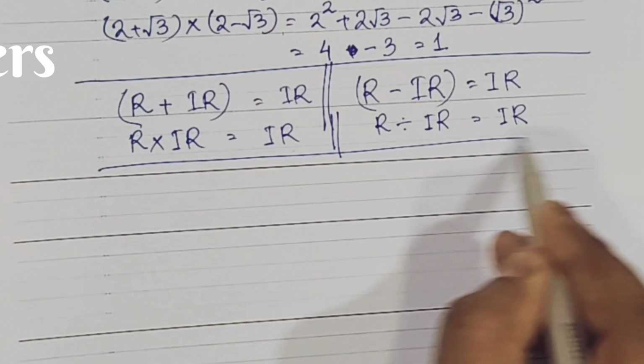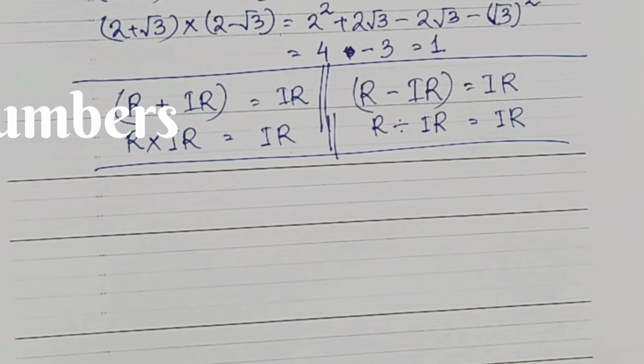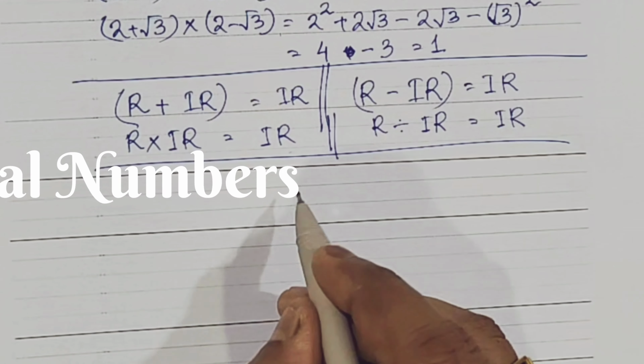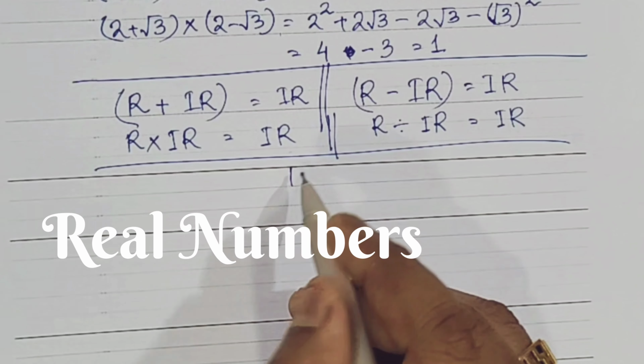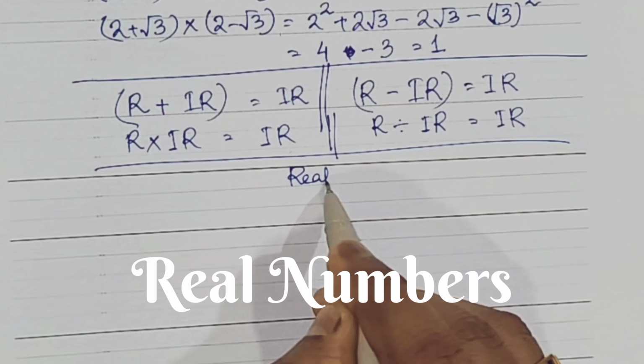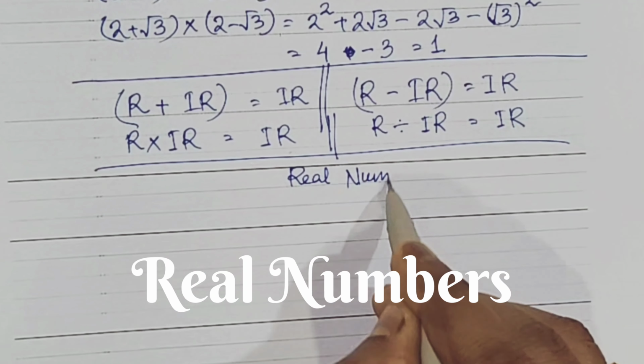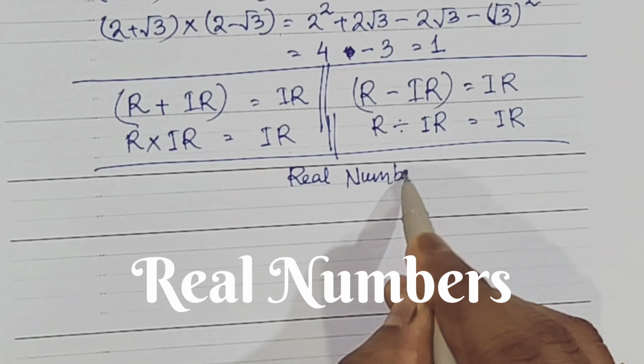So now, to draw a closure to the number systems, let us introduce real numbers. So what are real numbers? Real numbers represent each point on the number line.